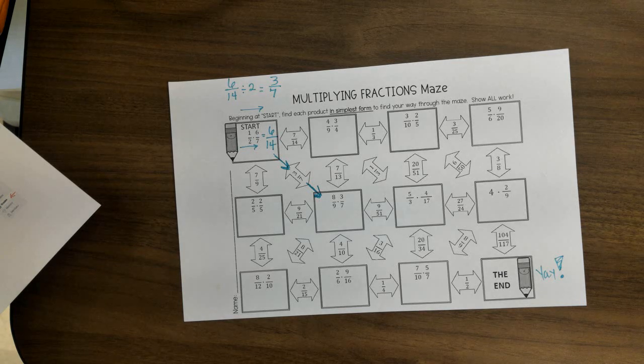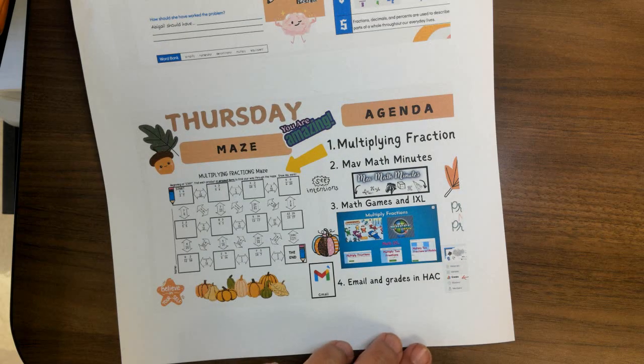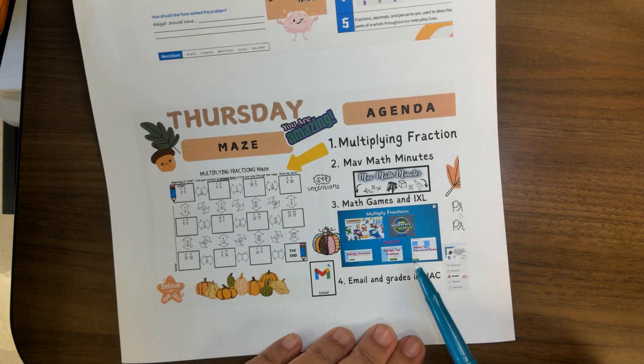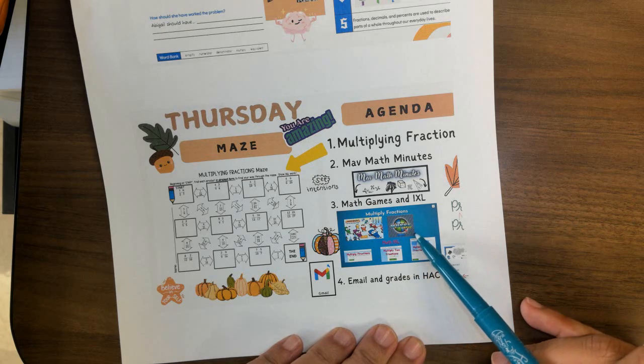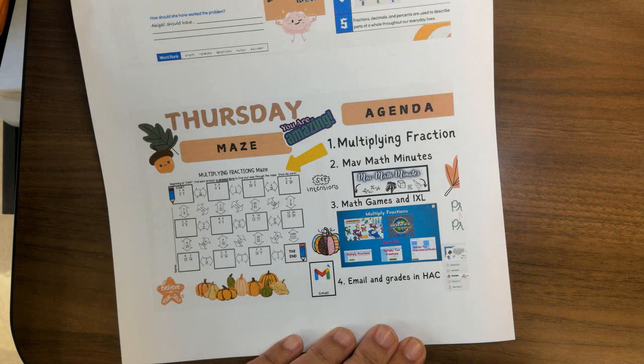Continue to work hard. And when you are done with this assignment, please make sure that your math minutes are complete with an 80 or better. And then I do want you to go in and practice these multiplying fraction games, okay? For sure do the wheel spin, and then go and do the multiplying fractions.